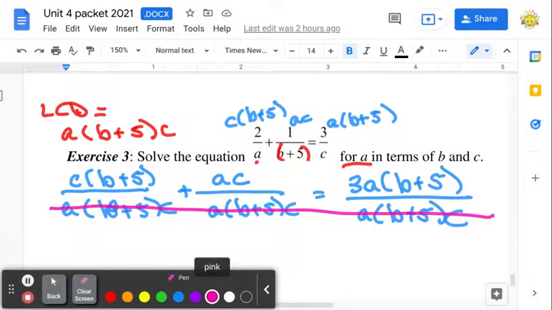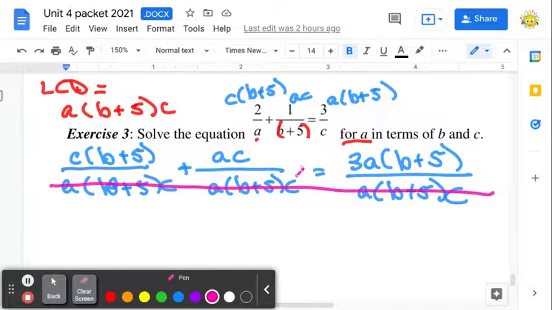And when I rewrite this, I'm going to simplify at the same time. So I'm going to distribute here.